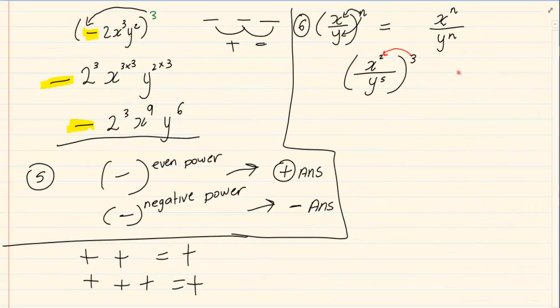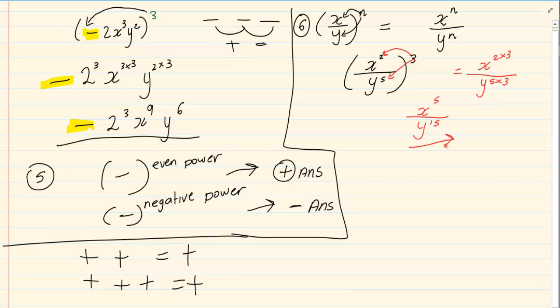So what am I doing? I'm going to say x to the power 2 times 3 all over y to the power 5 times 3. So my final answer is x to the power 6 all over y to the power of 15.